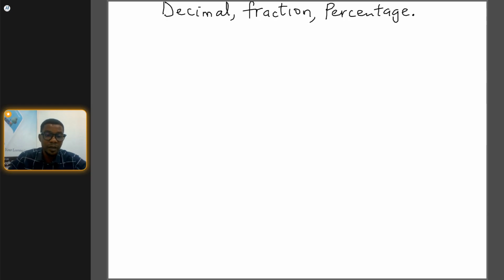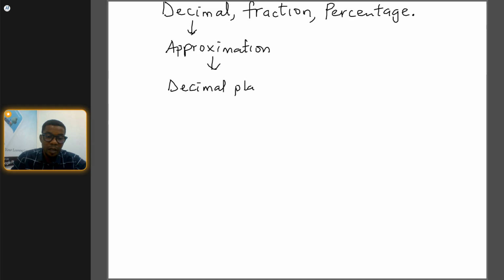Under decimal, we'll be talking about approximation generally. That's approximating to decimal place, and also significant figure.